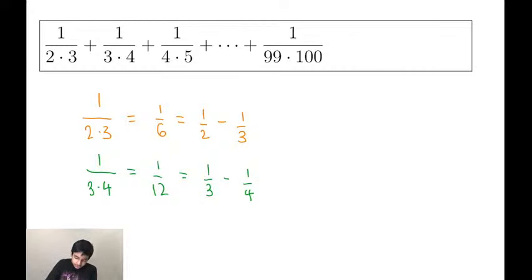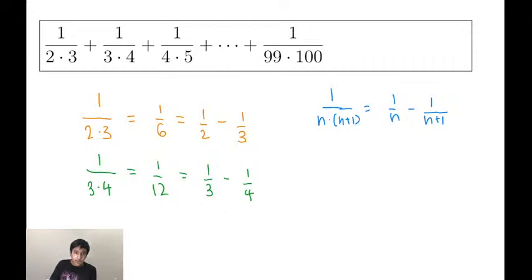In general, if you have 1 over n times n plus 1, it's going to be equal to 1 over n minus 1 over n plus 1. Okay, so as you can see here, that means that this whole sequence will telescope.